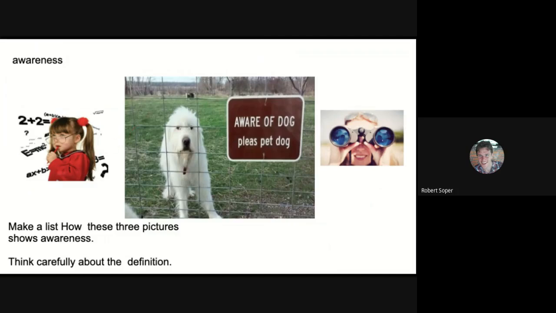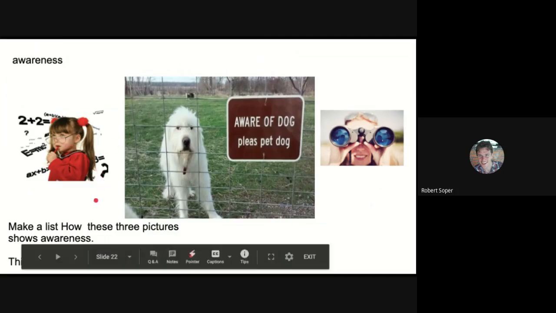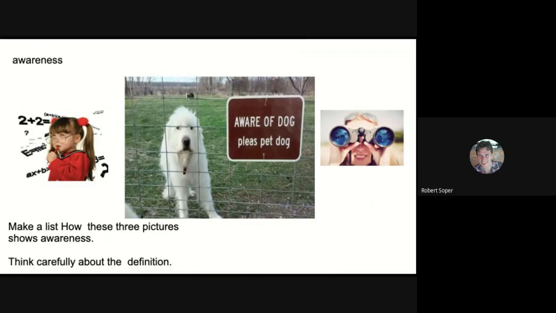So make a list of how these three pictures show awareness. So here we have a young girl who's got a whole lot of mathematical symbols around her. Here we've got aware of dog, please pet dog, and here we've got a lady using binoculars. Think carefully about how awareness is used as a word.